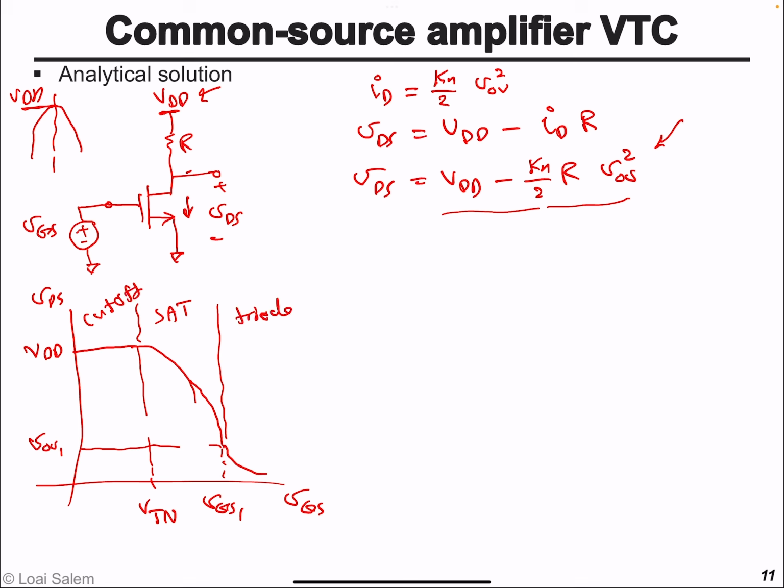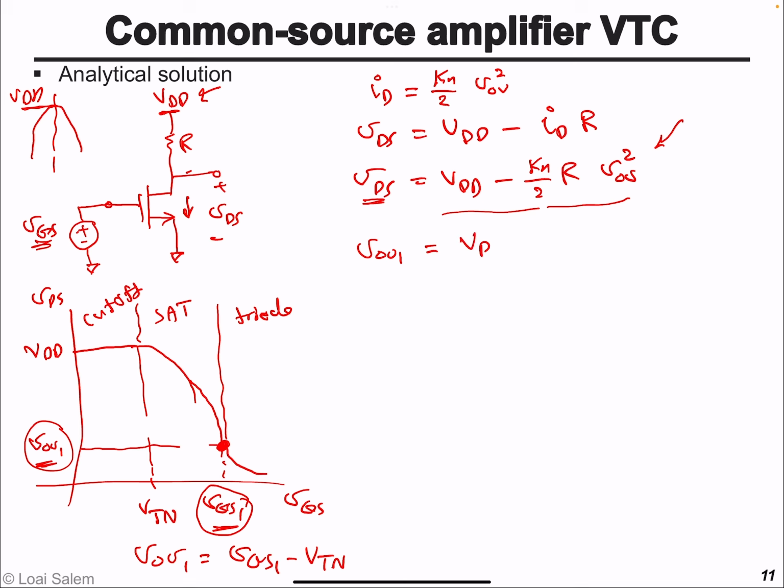Now what I'm interested in doing right now is finding the value of V overdrive 1, or VGS1 minus VTN. So V overdrive 1 is equal to VGS1 minus VTN. Basically, I want to find the value of VGS1 at which the transistor will enter the triode region. So we can replace VDS by V overdrive 1, because at this point VDS is equal to V overdrive 1.